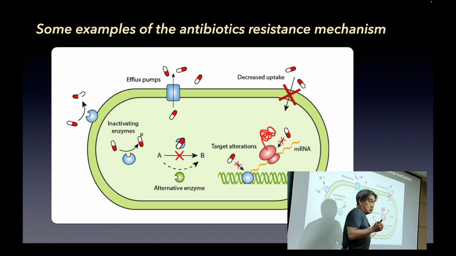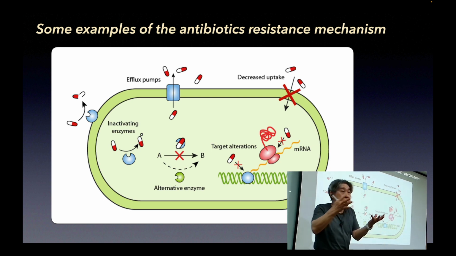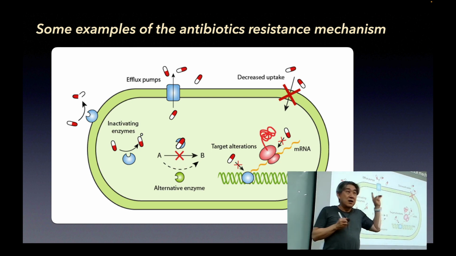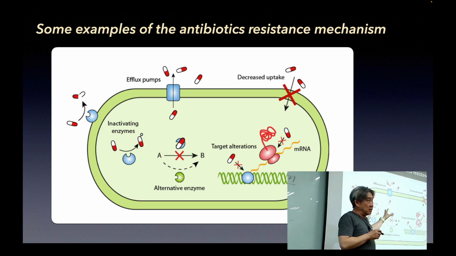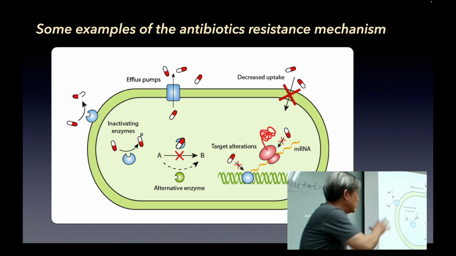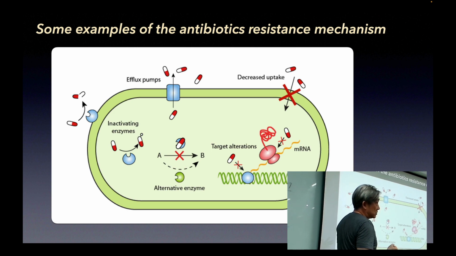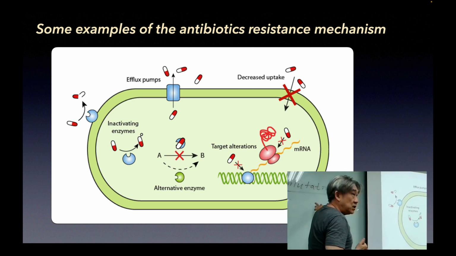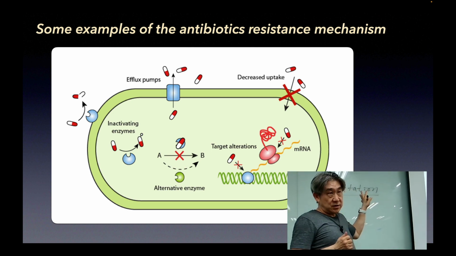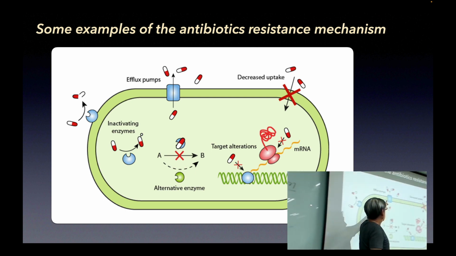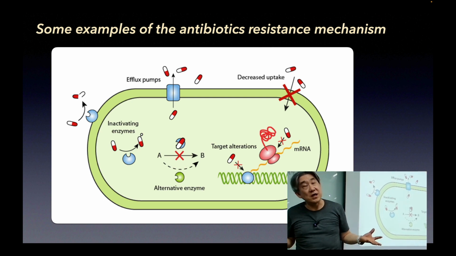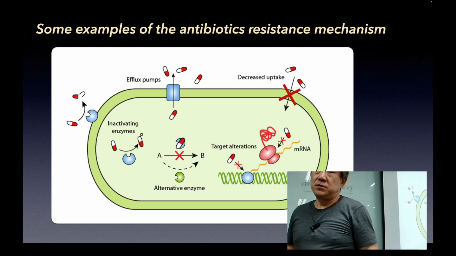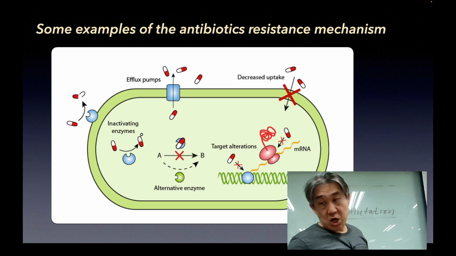But somehow the bacteria can escape because of a mutation in the gene making that particular metabolic process enzyme. That's the common characteristic of all these resistance mechanisms. Once again, the keyword is mutation, making the function of the antibiotics obsolete, not working. That is how antibiotics resistance works.